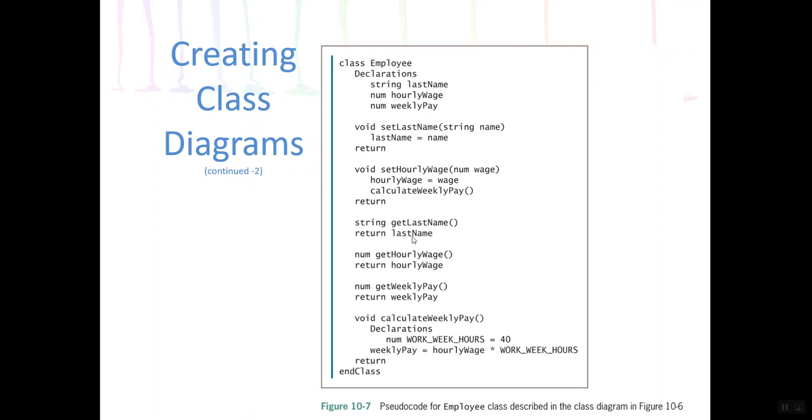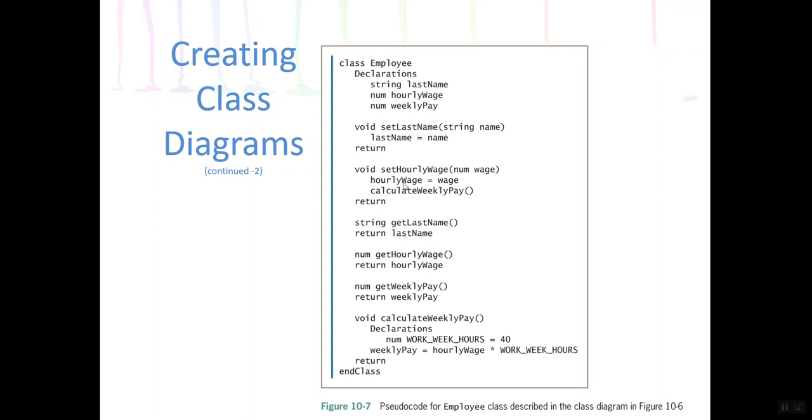So if our employee object's name had been Isabel, this would return Isabel. So it's going to look to that instance variable and return its value. The return type of string reflects the fact that we're returning last name, which is of type string. The same thing applies for get hourly wage and get weekly pay.